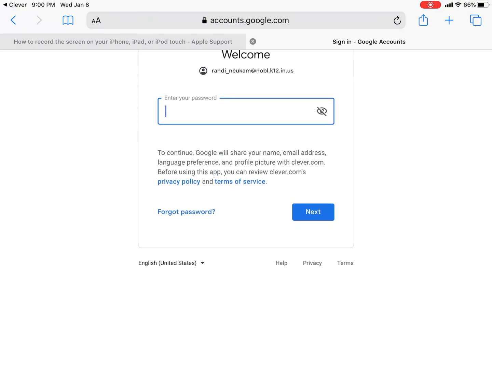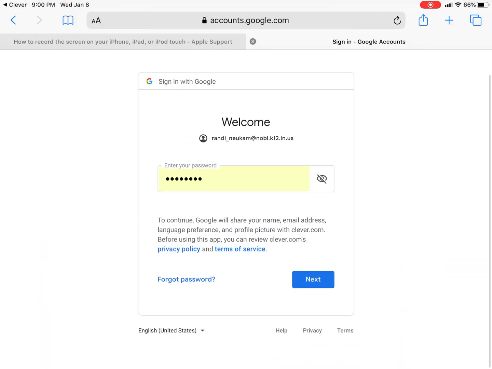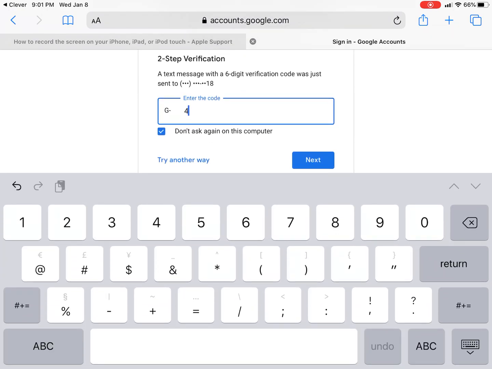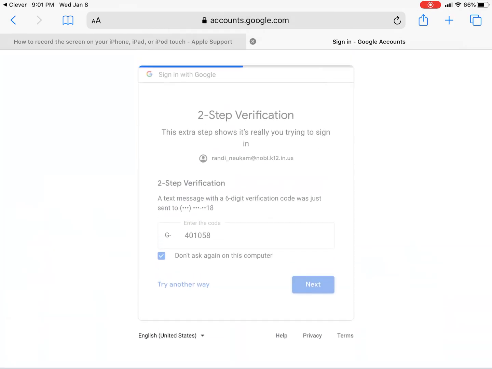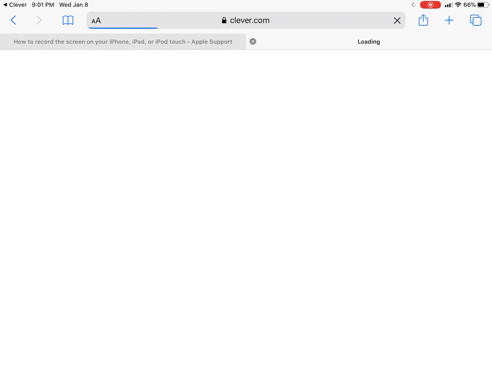Press next. Let's see if this will work. Type in your password. Mine's going to make me two-step verify with my phone, so bear with me while I get that code. 01058. And it should load this Clever app.